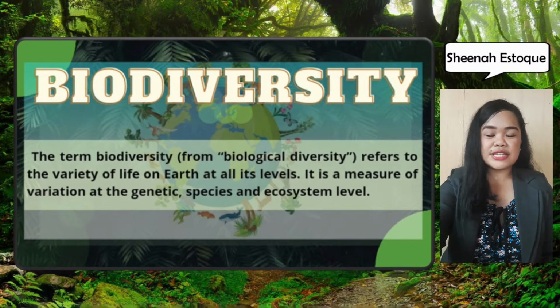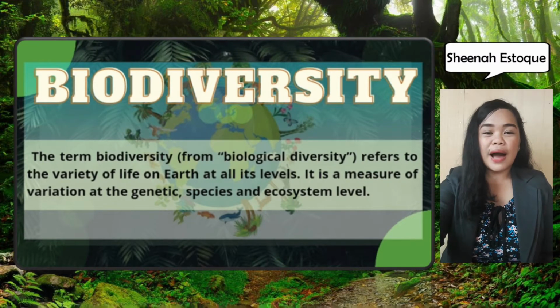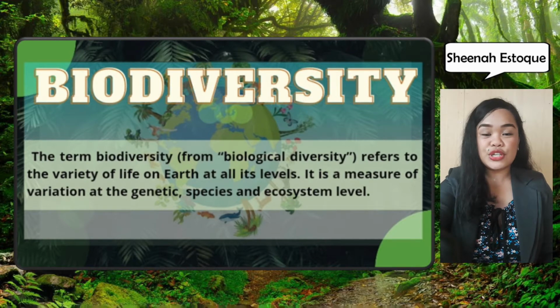Let's have first our quick review about biodiversity. The term biodiversity, from biological diversity, refers to the variety of life on Earth at all its levels. It is a measure of variation at the genetic, species, and ecosystem level.